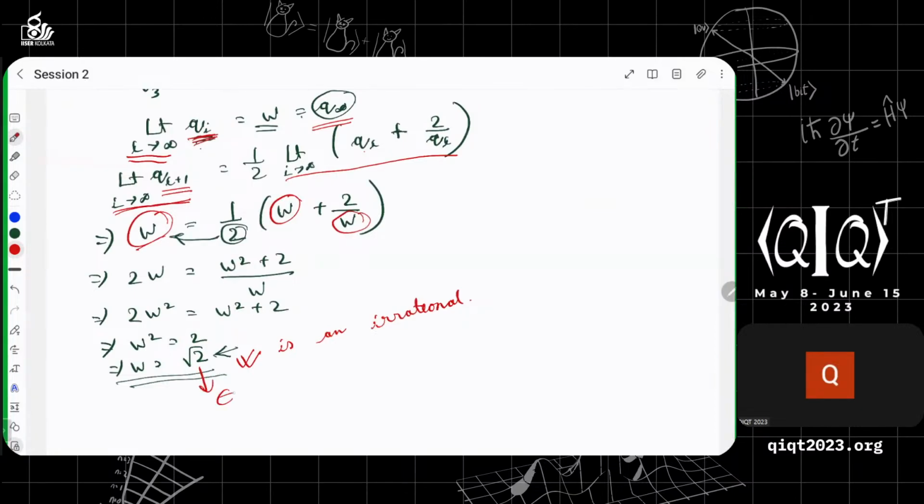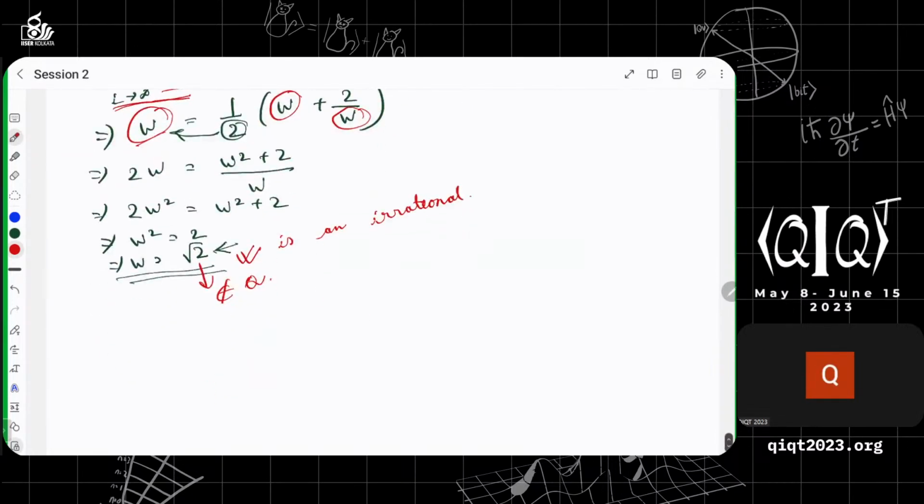So this does not belong to the set of rational numbers, right? That means there is at least one Cauchy sequence where the limiting point does not lie inside the set of rational numbers. We can say that Q over Q, this vector space, is not Cauchy complete.